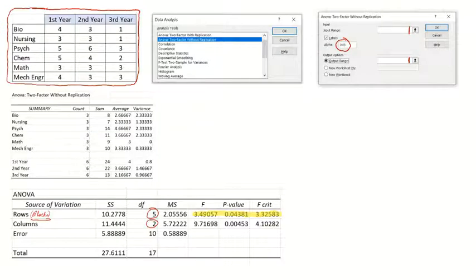In this first case, Excel presents the F, P value, and F critical values for the blocks or the rows. We are going to analyze this separately. First, the blocks, and then next will be the columns.